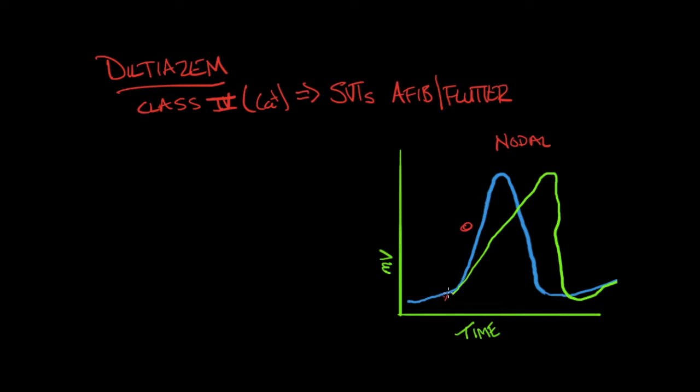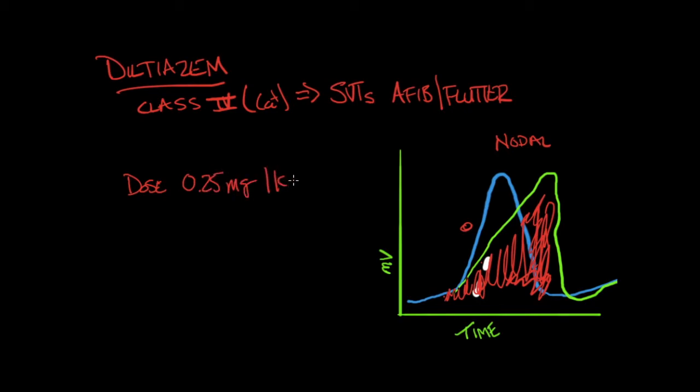And by increasing this area, we're increasing the refractory period and slowing down our heart rate. The dose for this is 0.25 milligrams per kilogram, given slowly over 2 minutes.